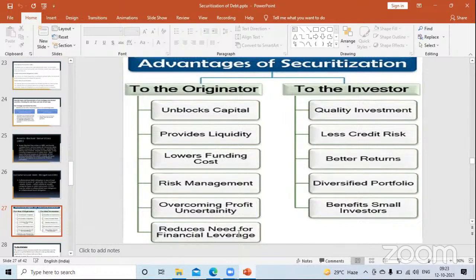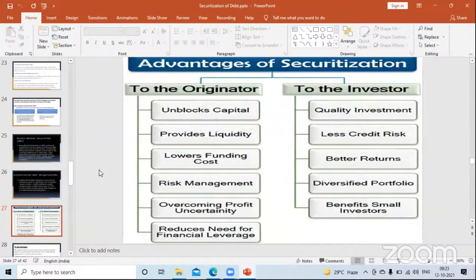Reduces need for financial leverage. If you have your own cash, why will you borrow from outside? So borrowings will reduce. Financial leverage means that out of my net profit, if I'm borrowing more and more, a major chunk goes in payment of interest to those borrowed fund holders, right?